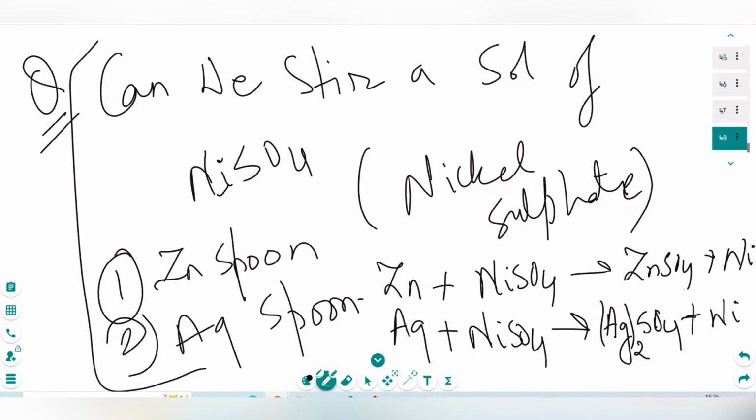Okay. Wait. So both are replacing Ag and Zn. Tell me, is this reaction feasible or not? Okay, so first one, zinc.